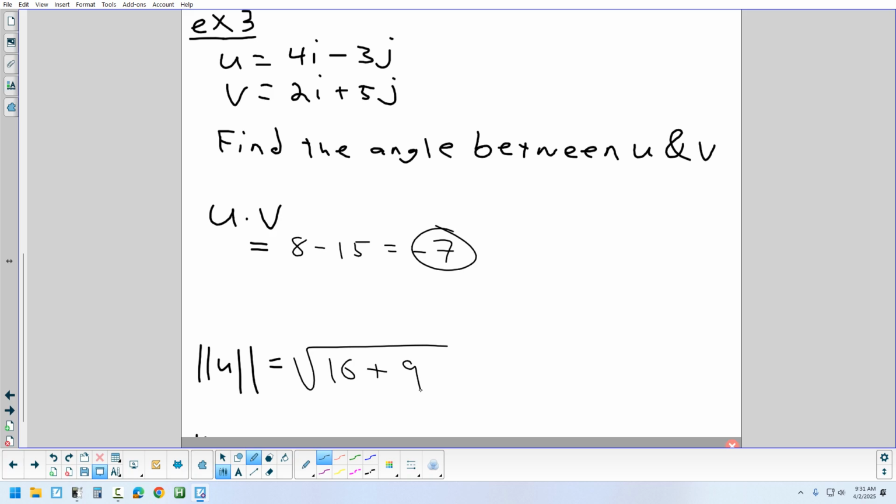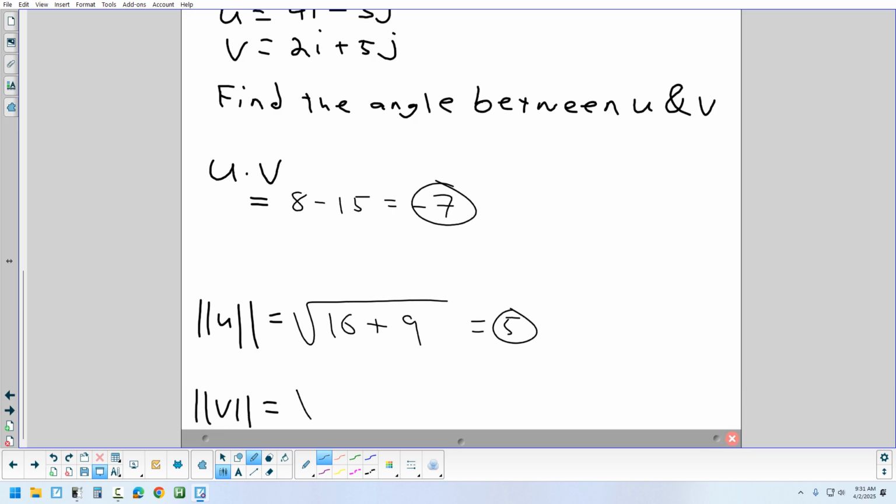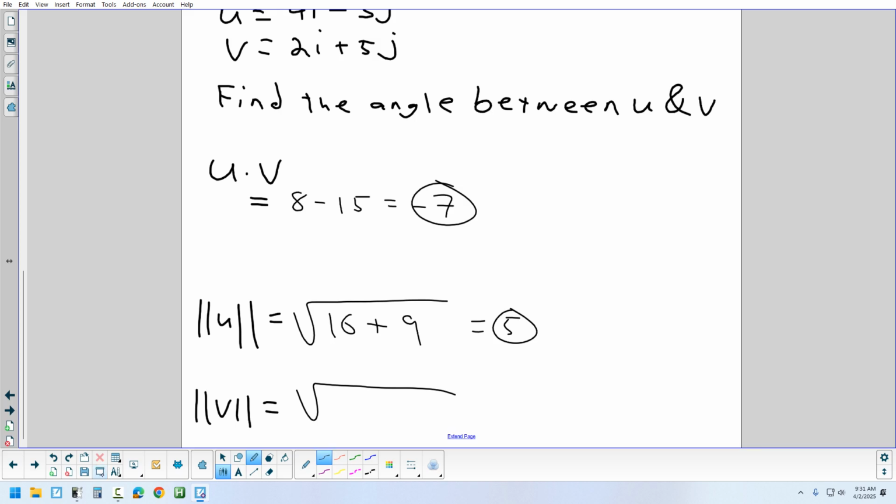The square root of 25. Yep, which is 5. Okay, so we got the magnitude of u. Last thing we need is the magnitude of v. What's going to be the formula for magnitude of v? It's going to be 2 squared plus 5 squared. So 4 plus 25. And that gives me square root 29.